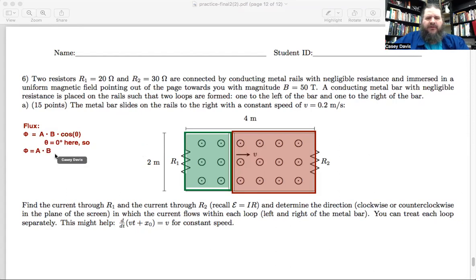And the magnetic field is constant, that's just a constant 50 Teslas. But it looks like the areas are changing. One of them is growing, the other one is shrinking. But let's take a look at this in terms of absolute value for now. Ignoring whether the area is growing versus shrinking, can we figure out how fast the area is changing?